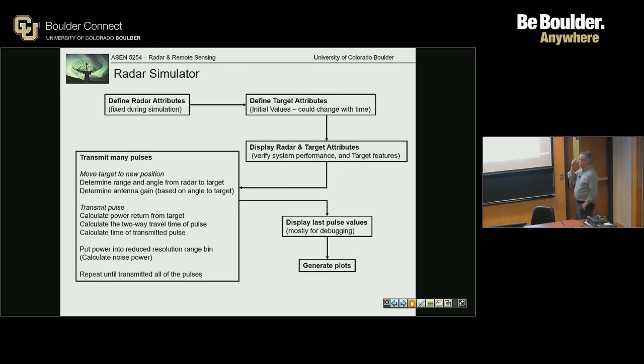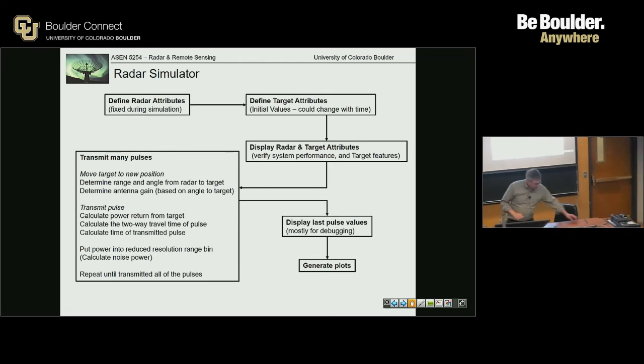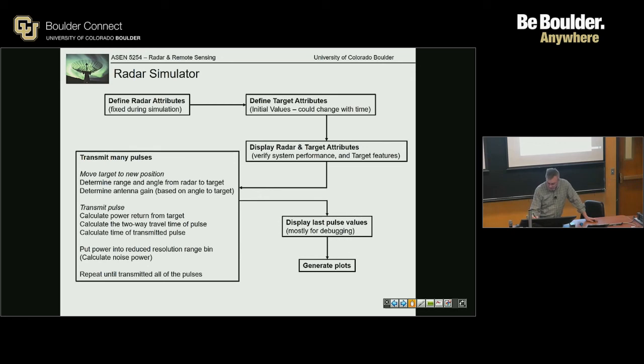So for the radar simulator, this is my flow diagram. Define the target attributes and initial conditions. This display of the radar and target attributes is really to verify system performance. Before you start your simulation, where is the target? Make sure you know where it is.